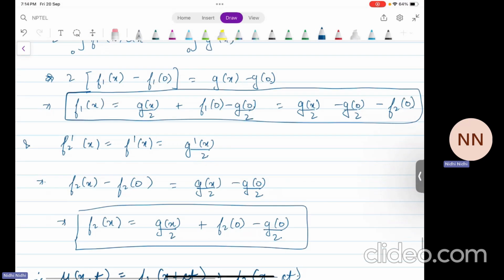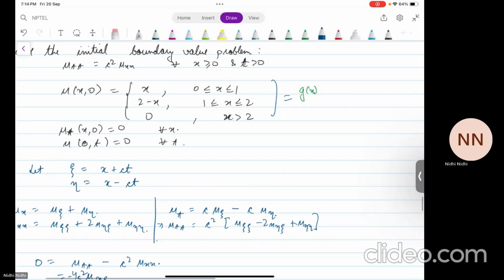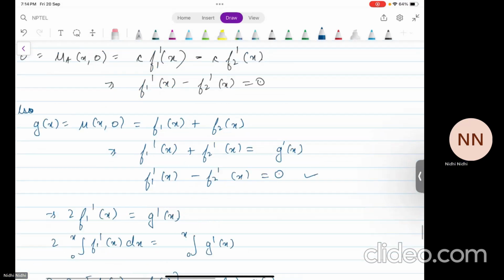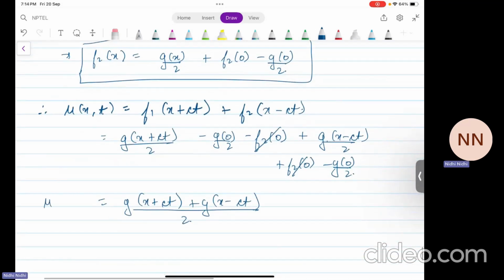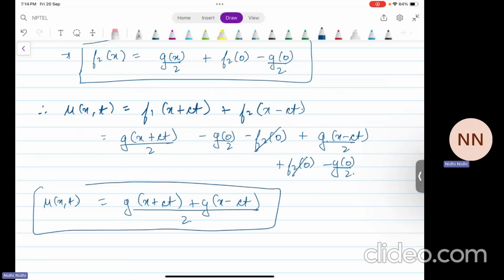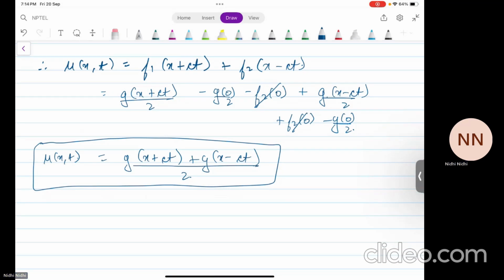Also, we know that what is g? G is this function. From here, g at 0 is 0. So, this is our solution. Moreover, we can explicitly see what g(x plus ct) and g(x minus ct) will be.